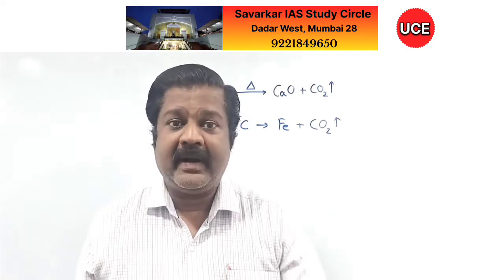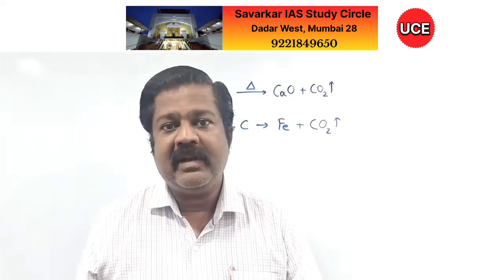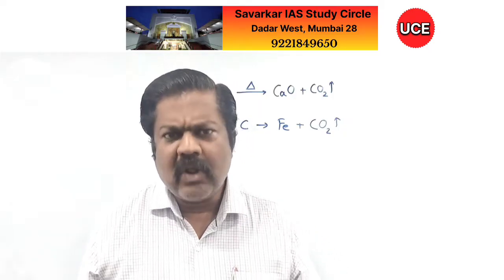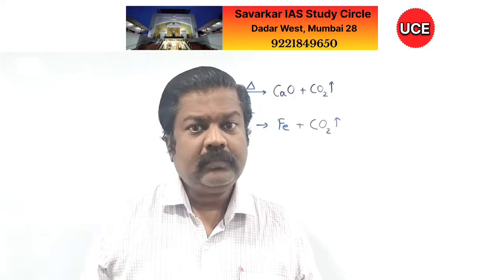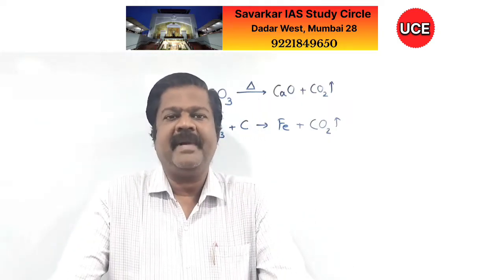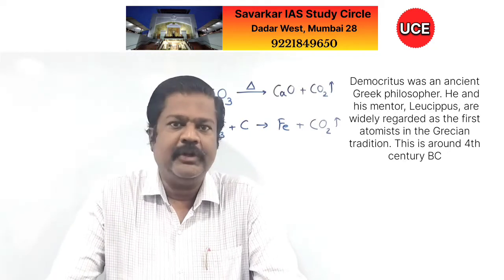The smallest particle of that element possessing all chemical properties of that element is called an atom. But this is all a hypothetical concept. In Europe, there was a person named Democritus. He proposed the theory of atom in Europe.